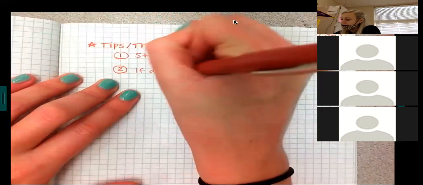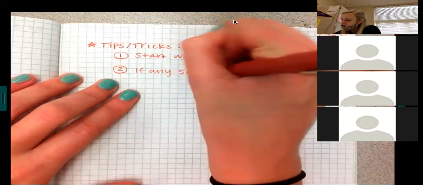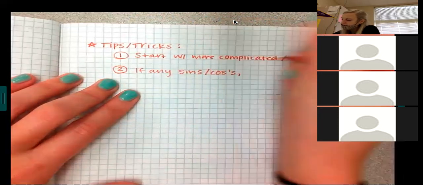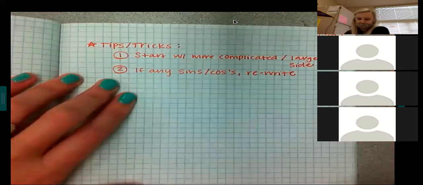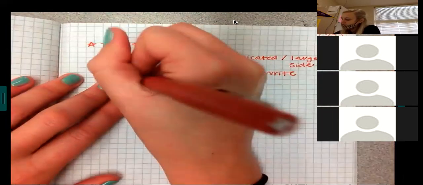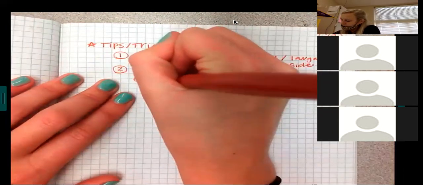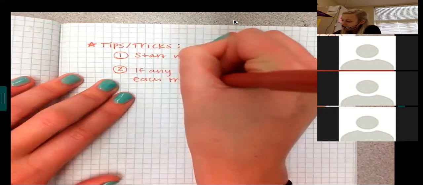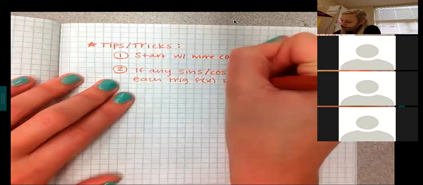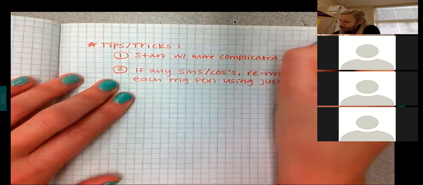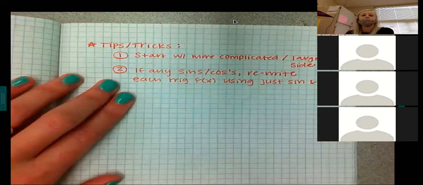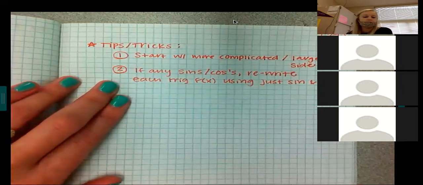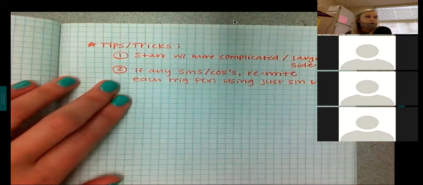So if there are any sines/cosines, rewrite each trig function using just sine and cosine, if you can. It's not always possible. These are just tricks, so they do not work for everything. They're just things that you can try.